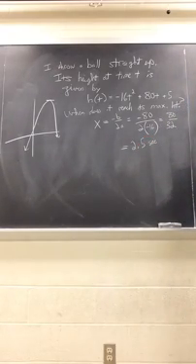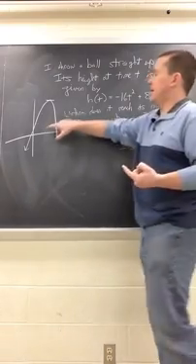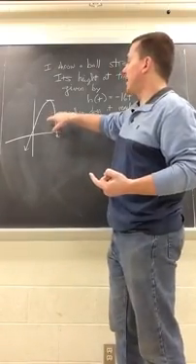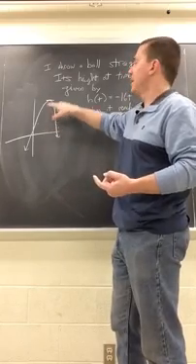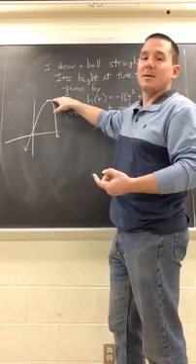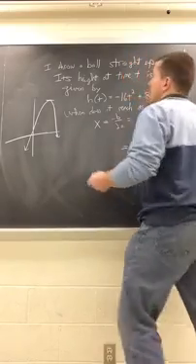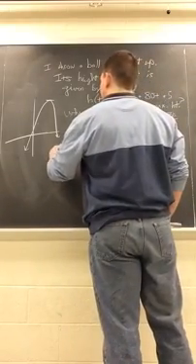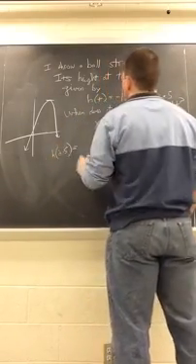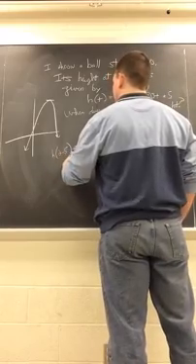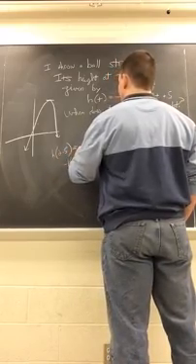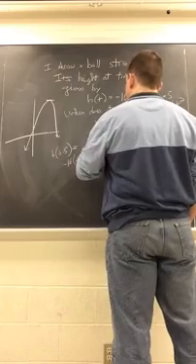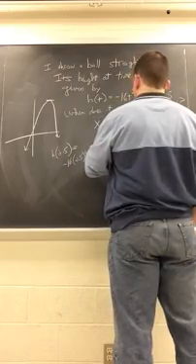A follow-up question you could ask is, what is the maximum height it reaches? If this time equal to 2.5 is when it reaches its maximum height, to find the maximum height, just plug in 2.5. So you would just take h of 2.5 equals negative 16 times 2.5 squared plus 80 times 2.5 plus 5.